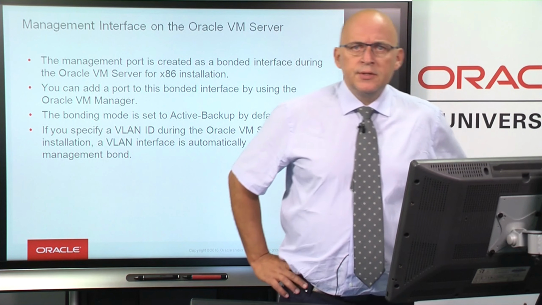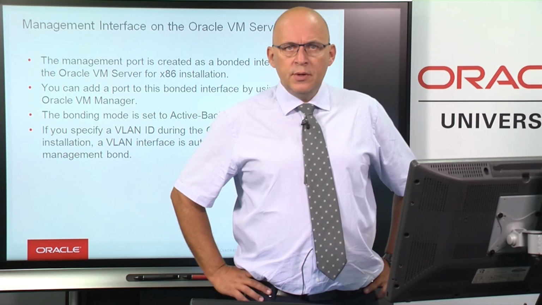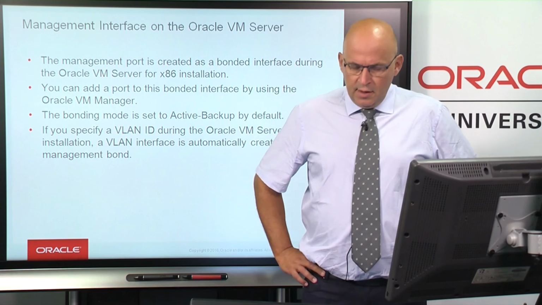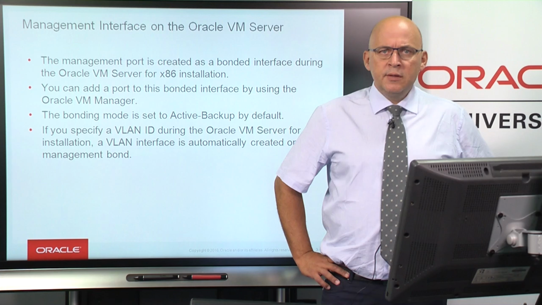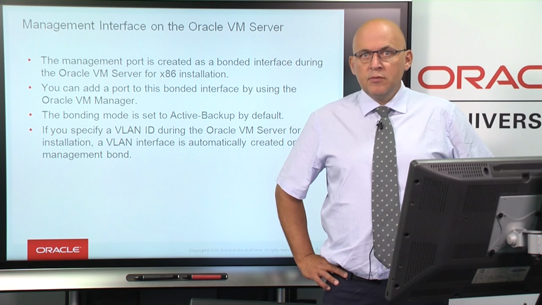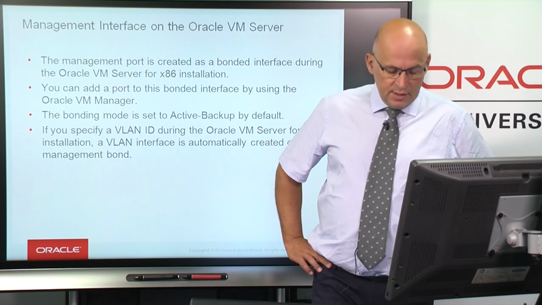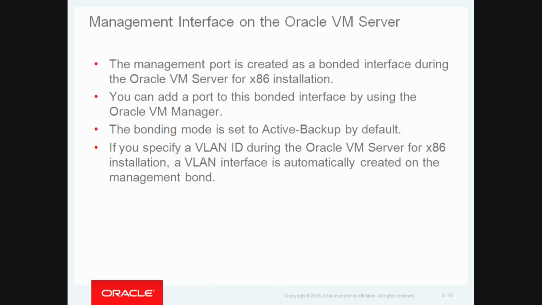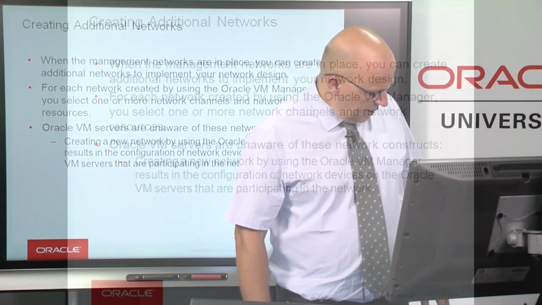The management port is created as a bonded interface during the Oracle VM server installation, and then in order to give higher availability, you have to add another port by using the Oracle VM Manager. The bonding mode is set up in active backup configuration, and you have to specify a VLAN ID for this kind of setup if you have VLANs, and in this case a VLAN interface is automatically created on the management bond.